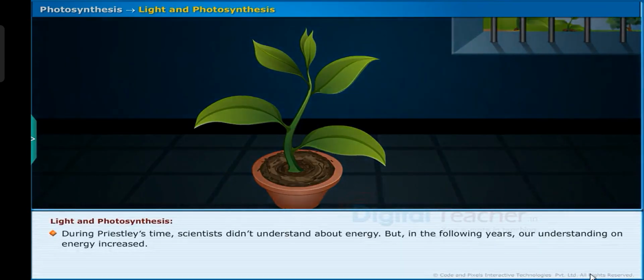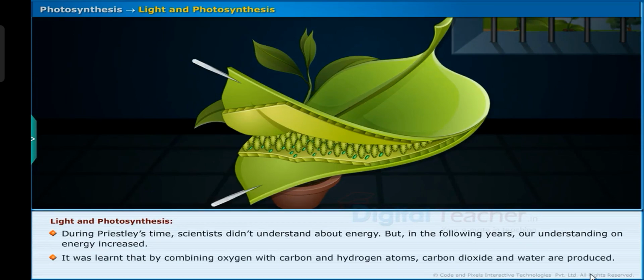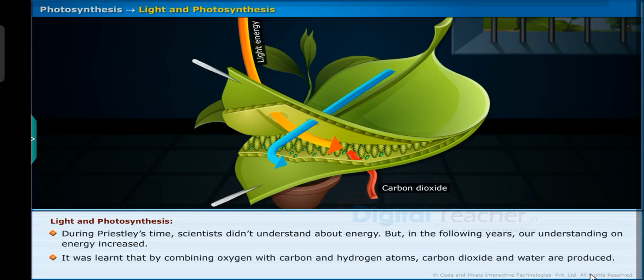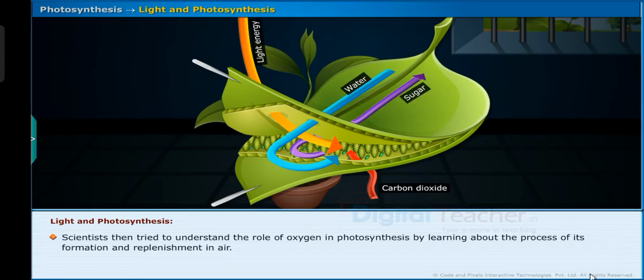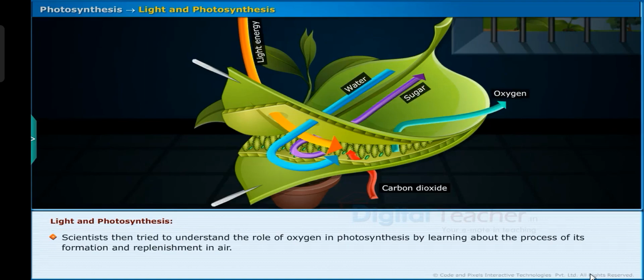During Priestley's time, scientists did not understand energy, but in the following years, our understanding of energy increased. It was learnt that by combining oxygen with carbon and hydrogen atoms, carbon dioxide and water are produced. Scientists then tried to understand the role of oxygen in photosynthesis by learning about the process of its formation and replenishment in air. Initially, they learnt that the energy situation can also reverse.